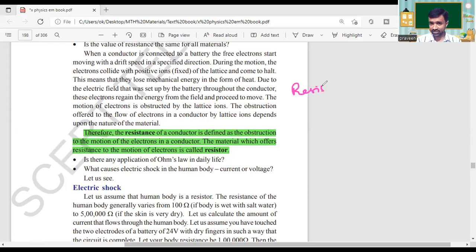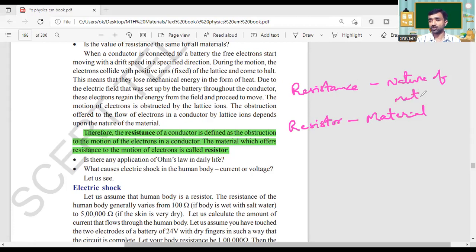What is resistance here? Resistance is simply the nature of the material. Resistor is simply a material. One is material and the other is nature of the material. Resistance, you cannot see this. Resistor, you can see physically. Have you got the difference?